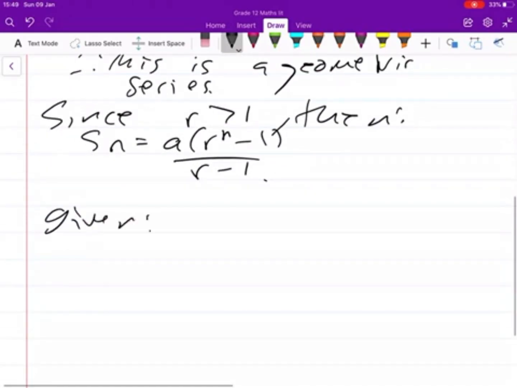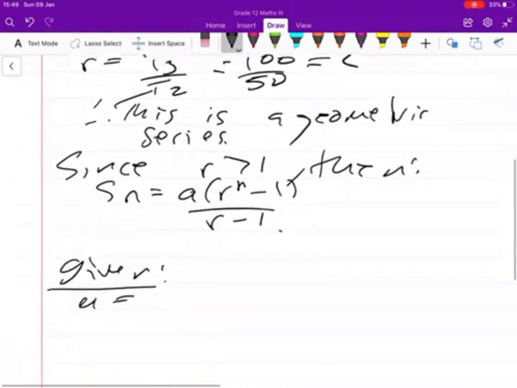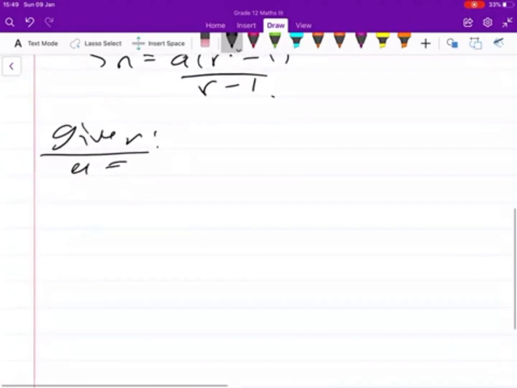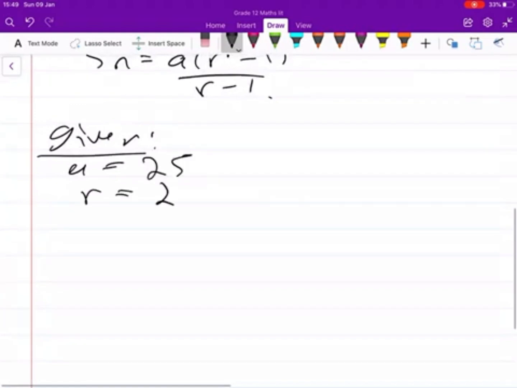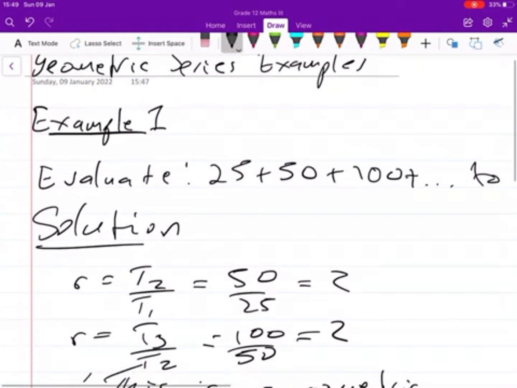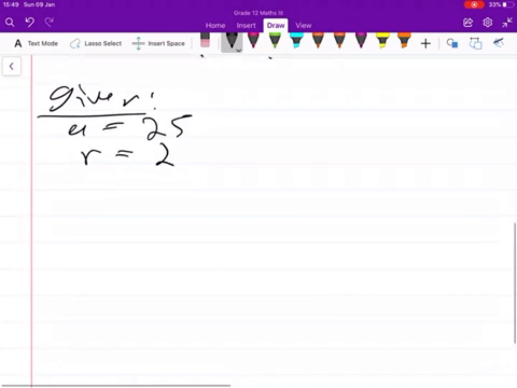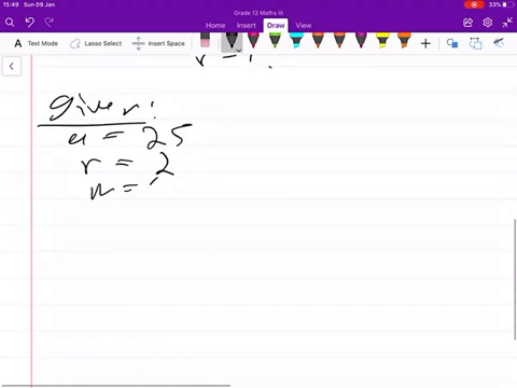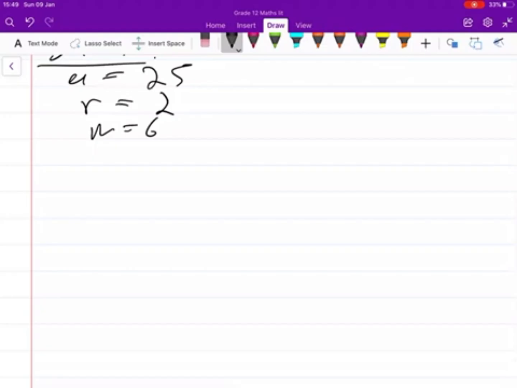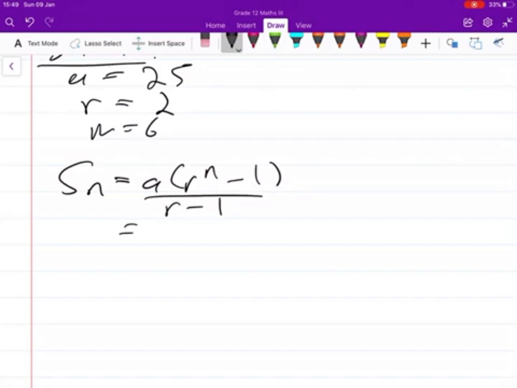Sn equals a(Rn minus 1) over r minus 1. Okay, let us state what we are given. We are given that a is 25. We are given that r is 2. And the number of terms, they said 6 terms. The number of terms is 6. So we then apply all of that into our formula. Sn equals a(Rn minus 1) over r minus 1.